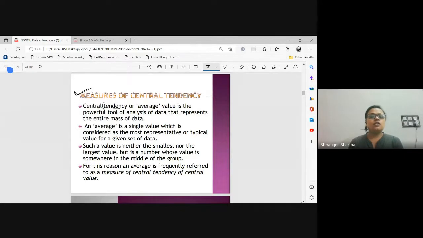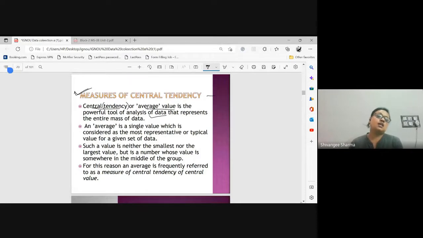The real meaning of tendency is the nature which is being shown by the data, and central tendency is the nature around which all the values of the data set revolve. So central tendency is basically the average value. It is a very powerful tool of analysis of data that represents the entire mass of data.